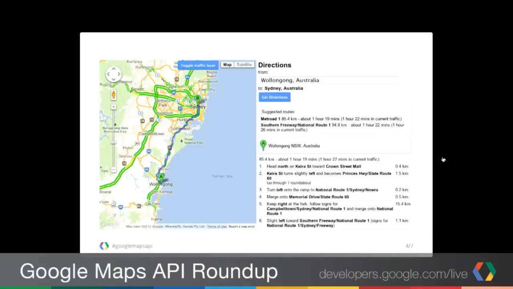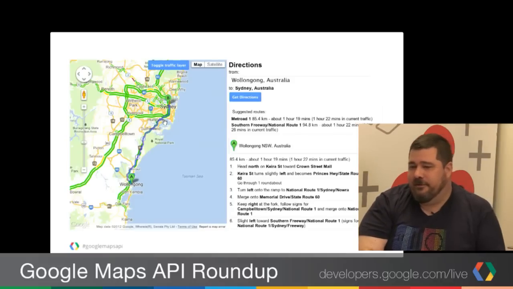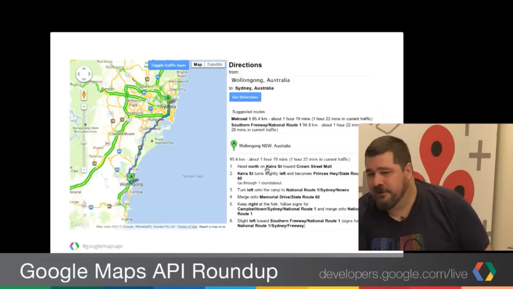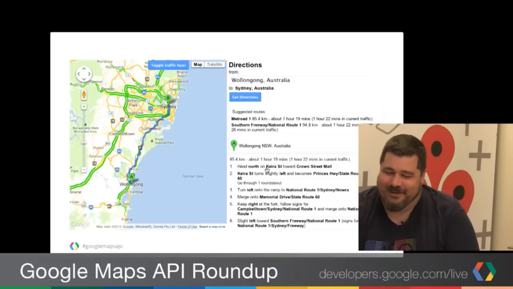The other thing that we launched, and this is for enterprise customers only, is traffic conditions in driving directions. If you take a look here, you drive on our driving directions.